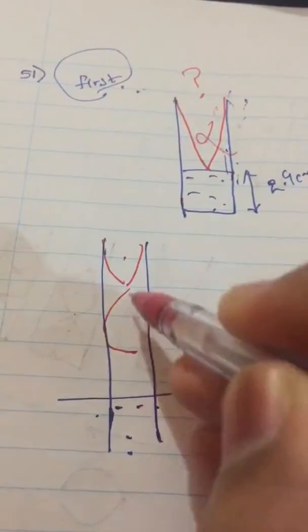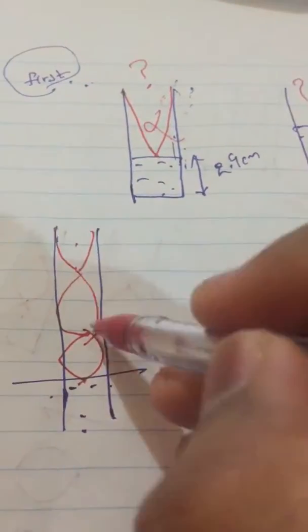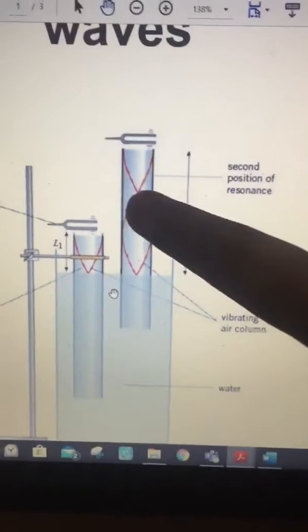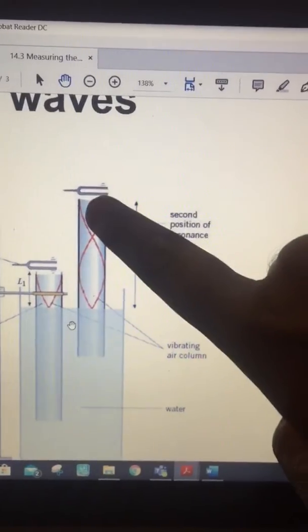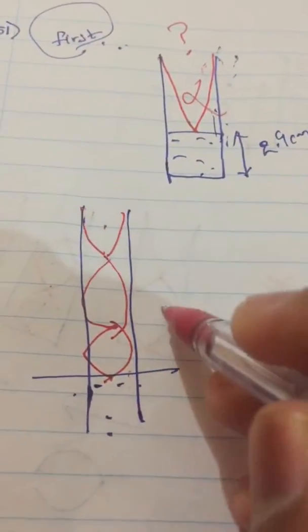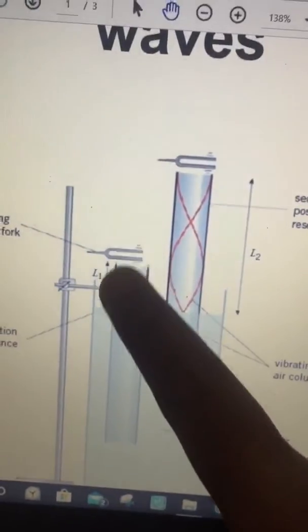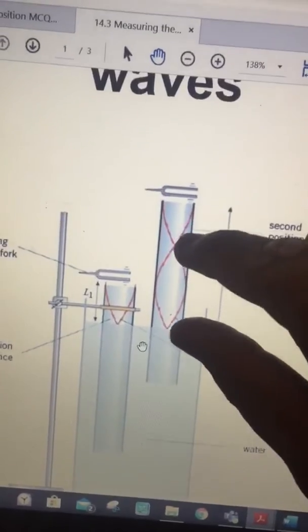Then it will have two more loops. Again, compared to this one where there is one complete loop and a half loop, here there will be another complete loop, which means that the length has increased by lambda by 2. Even if you consider here, the length has increased by lambda by 2, this much. Now we have this added to it.